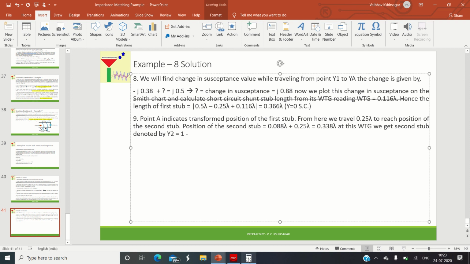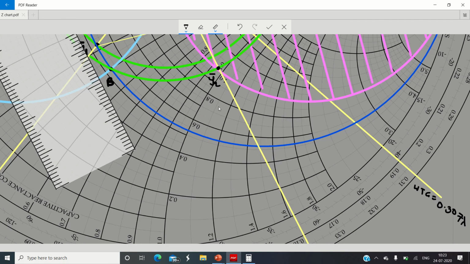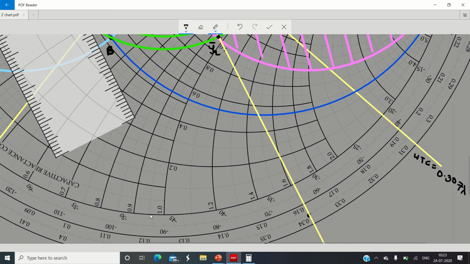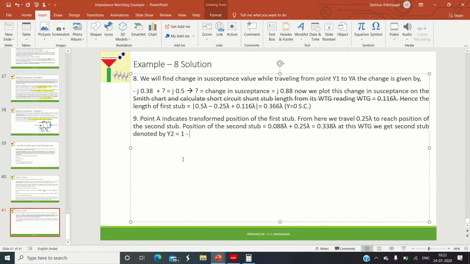For the second stub, denoted by y2, the real part is 1 and the imaginary part is approximately minus j 0.95. And the WTG is 0.338 lambda, as we already calculated.